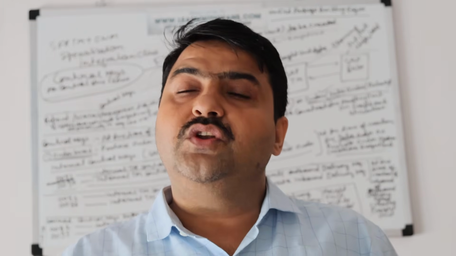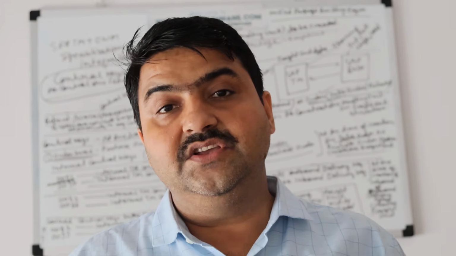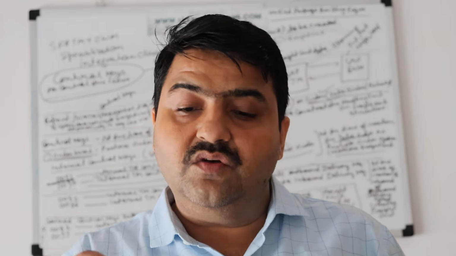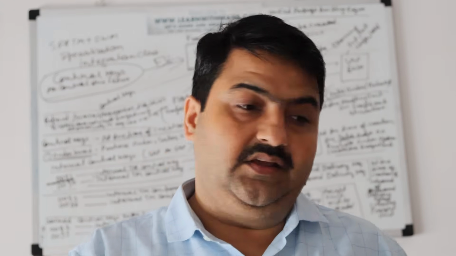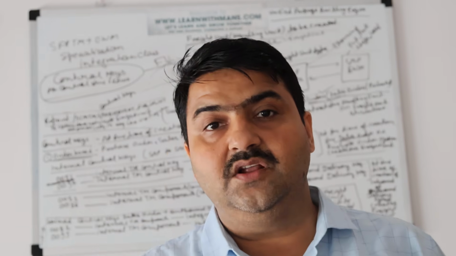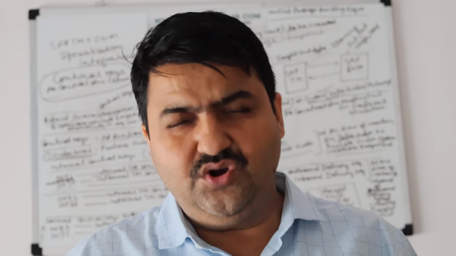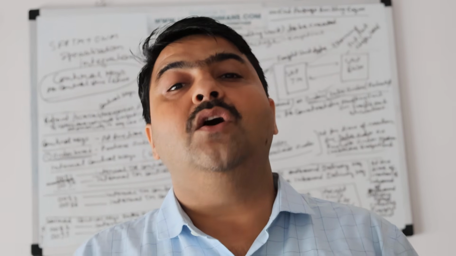But if you are going to use direct integration, transit warehousing, or the advanced shipping and receiving process, one thing is common here, which is the order. If you work with the sales order, outbound delivery, or with the purchase order or inbound delivery, the main thing here is the order.